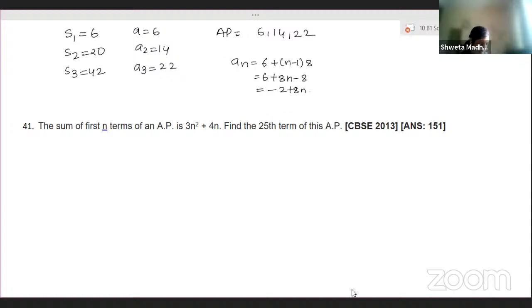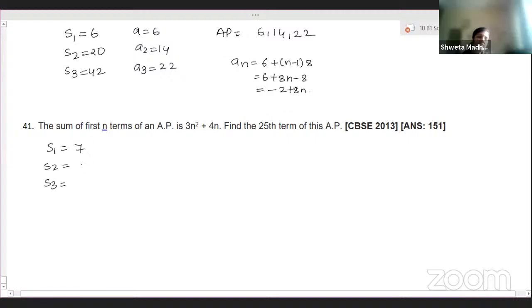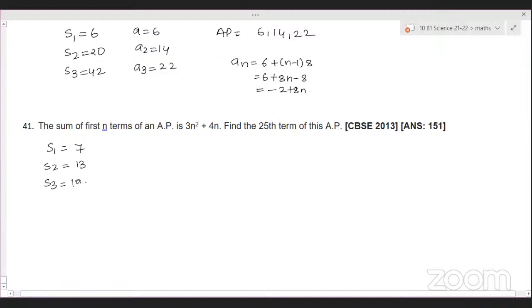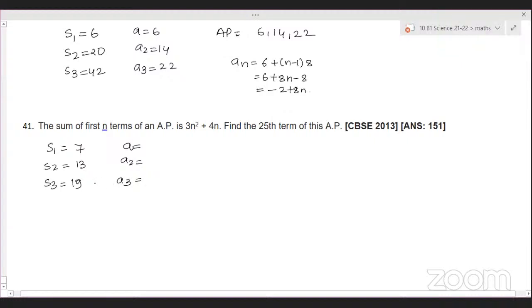Pritham, 41st, S1, S2, S3. Ma'am, S1 is 7. S2 is 13. S3 is 19. So A1, A2, A3. Ma'am, A is 7.